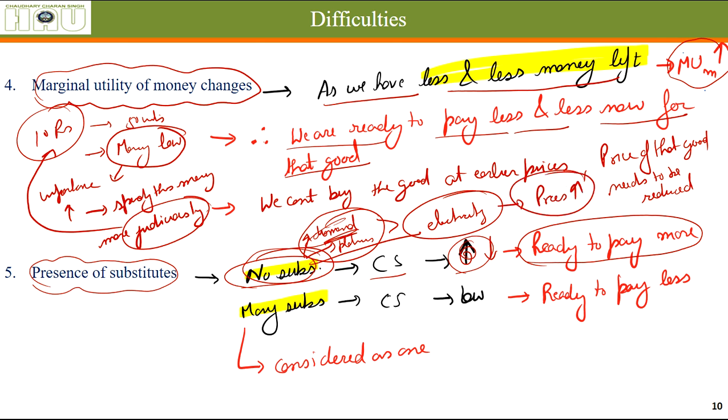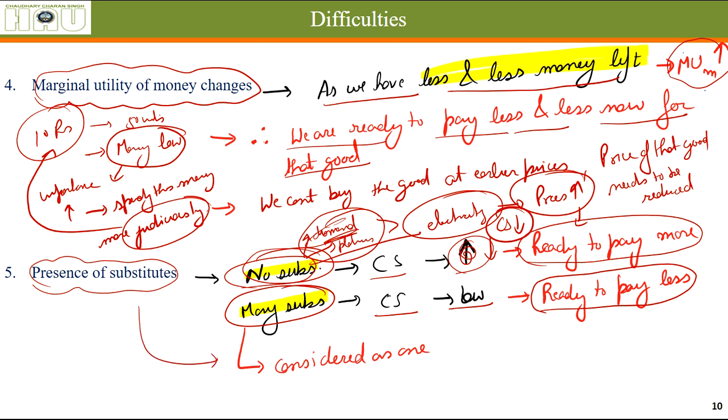Let's say it has increased the prices and there is no way out, we have to pay that price, and if we are paying high prices the consumer surplus will be low. But when there are many substitutes of a good, the consumer surplus for that good will also be low because we will be ready to pay less and less for it as there are many options available to us. See, it is that simple.